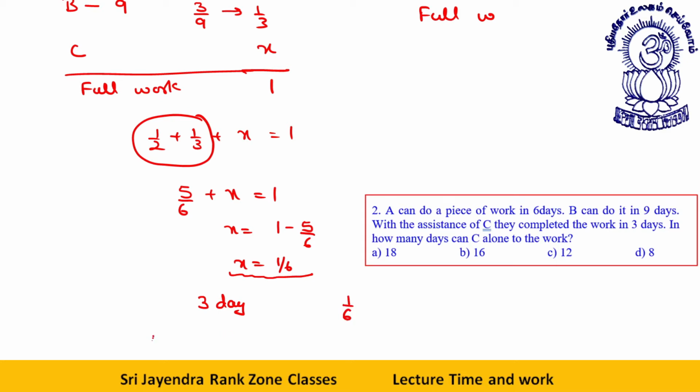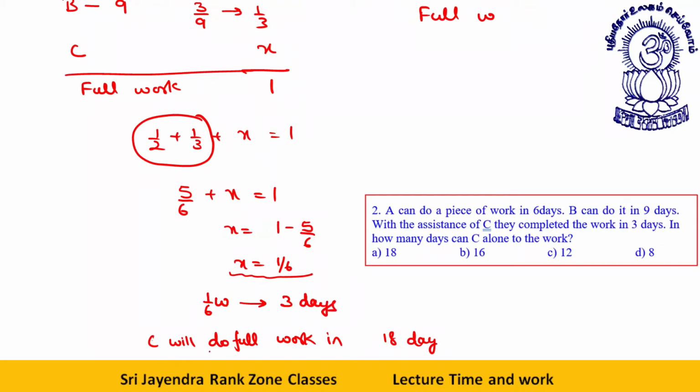So C will do full work in 18 days. 1/6 work in 3 days, so one work will be in 18 days. So C will do full work in 18 days.